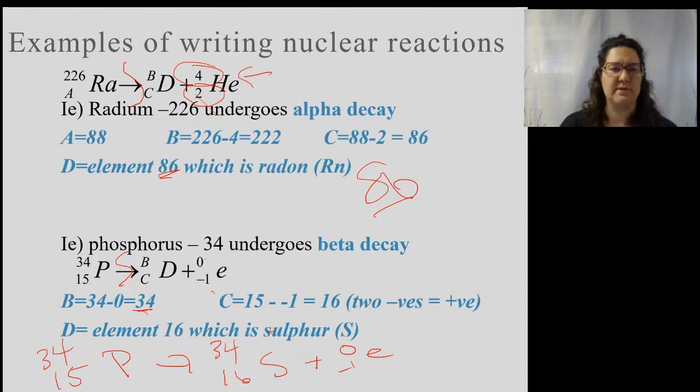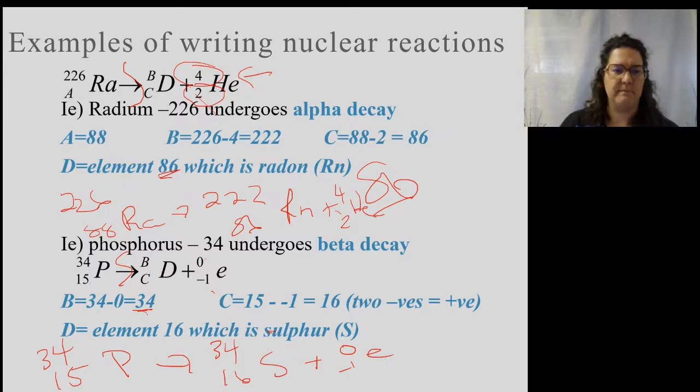And if I go back to the previous example, we have 226 over 88 radon produces 222 over 86 Rn plus 4 over 2 helium. So that would be the completed example for alpha decay and beta decay.